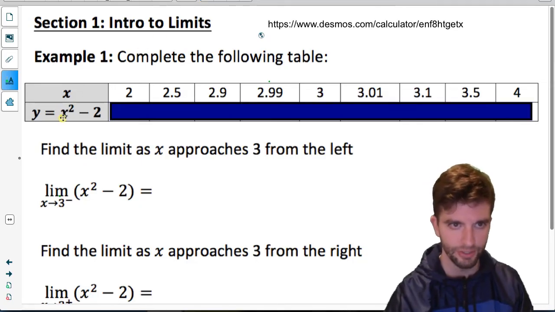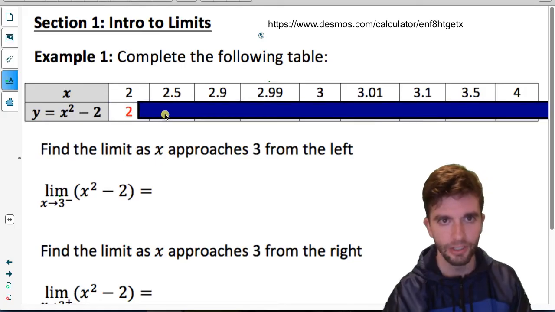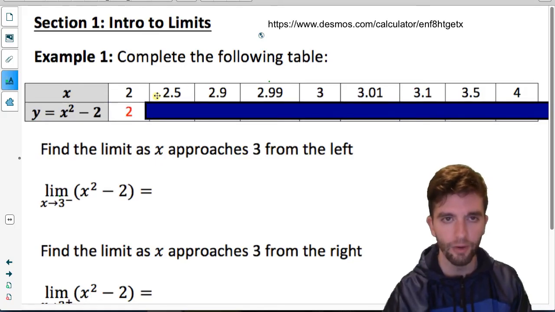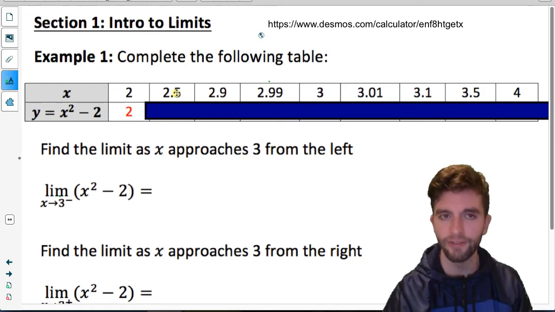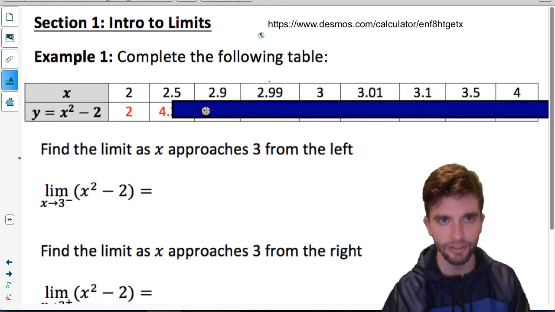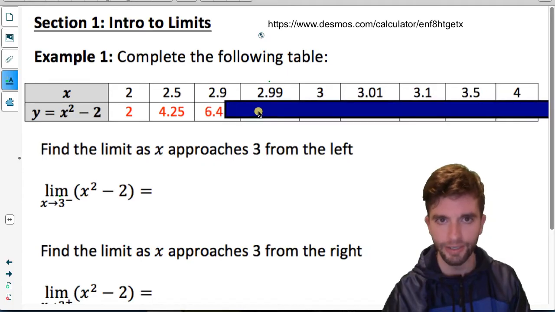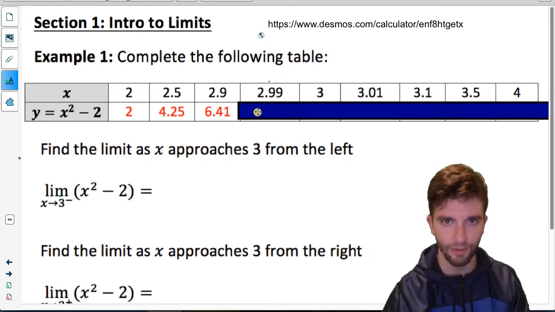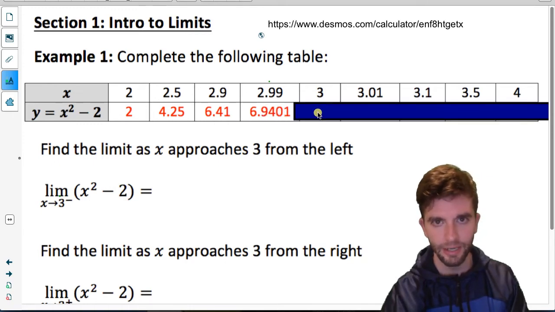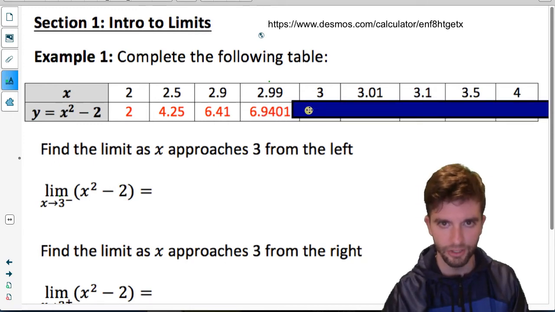If we plug 2 into this equation, 4 minus 2 is 2. How about when x is 2.5? If I plug 2.5 in this equation, I would get a y value of 4.25. If I plug 2.9 in, I get a y value of 6.41. And if I plug 2.99 in for x, I get a y value of 6.9401.